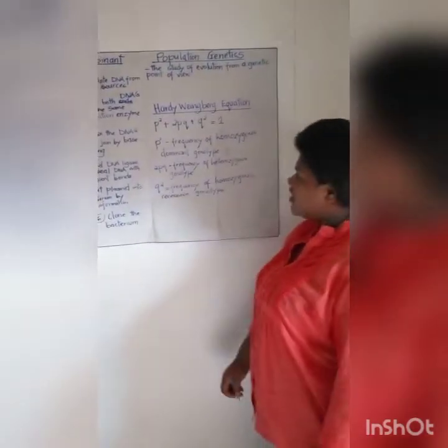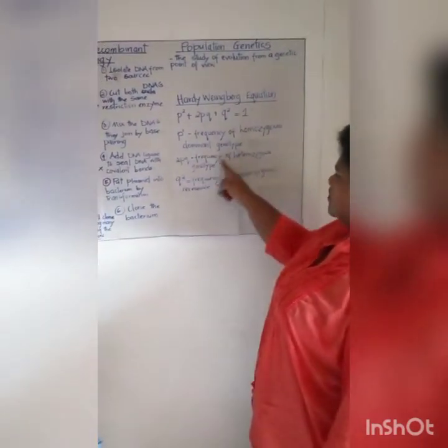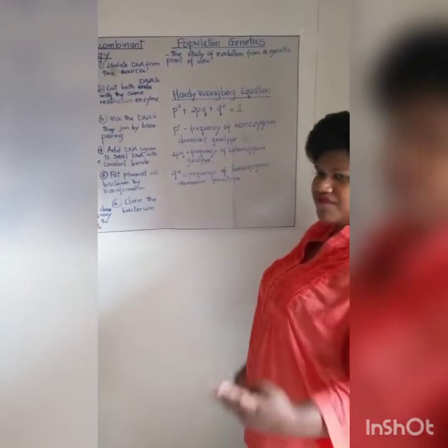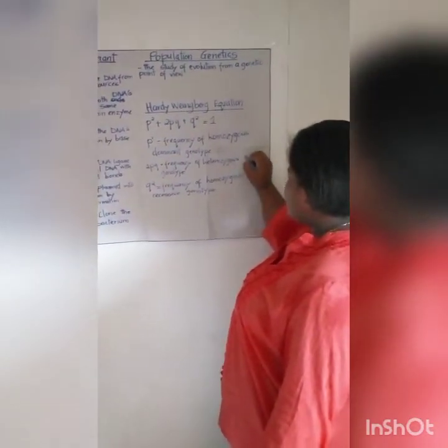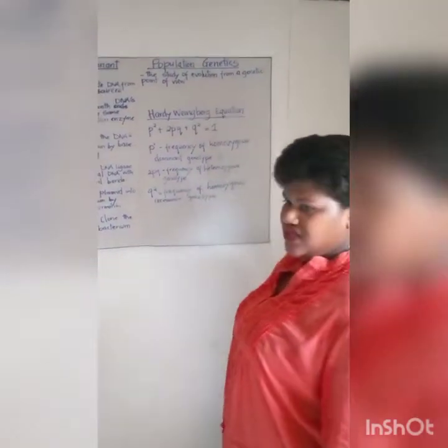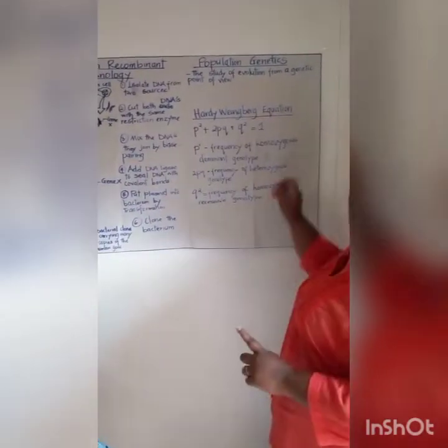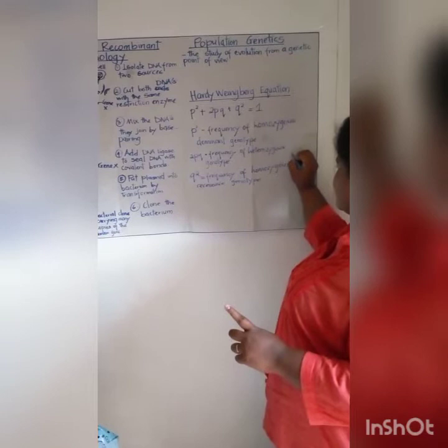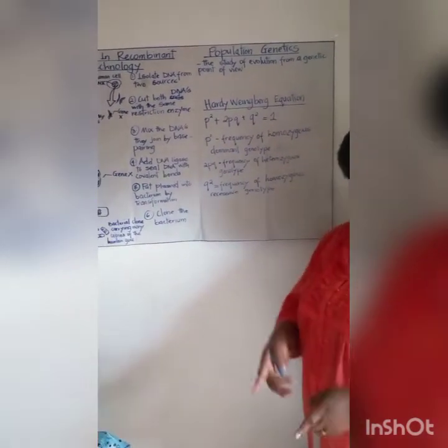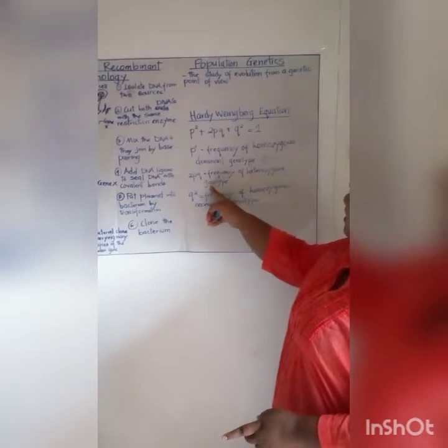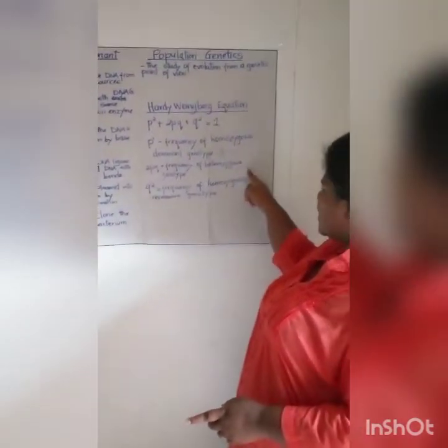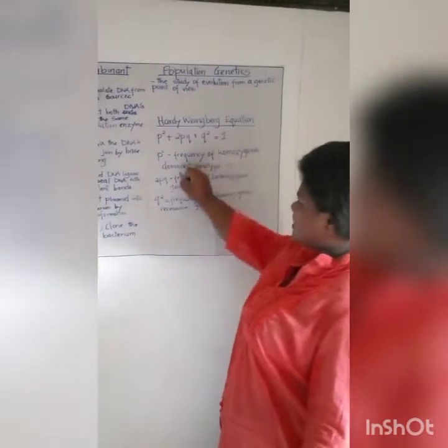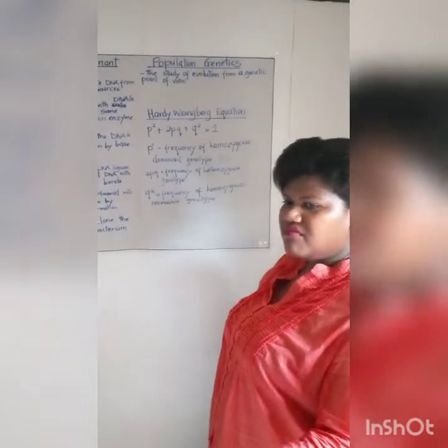2pq is the frequency of heterozygous genotype. Heterozygous means two different alleles, so it will be one capital B and one small b. Homozygous is the same, from the same allele.